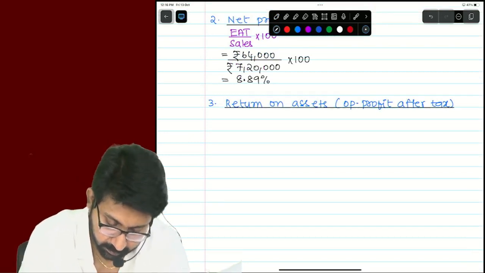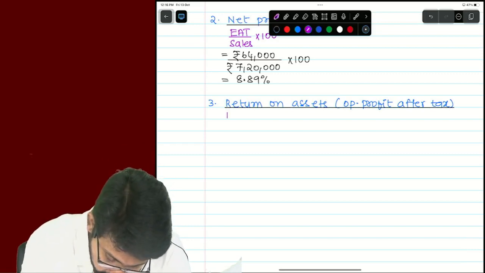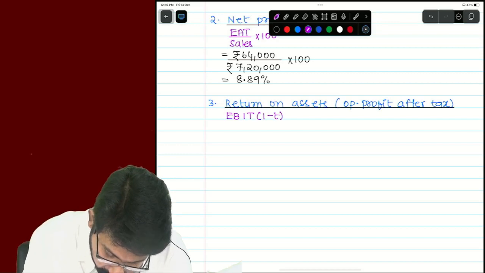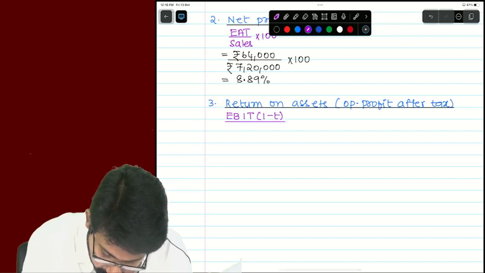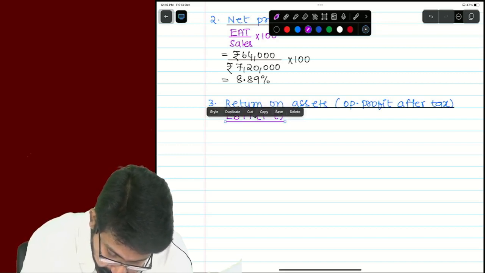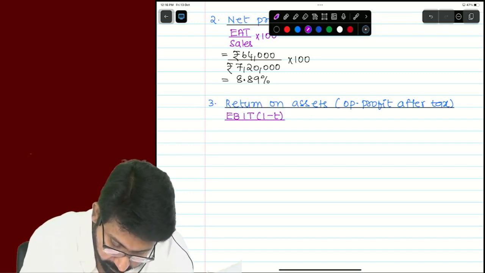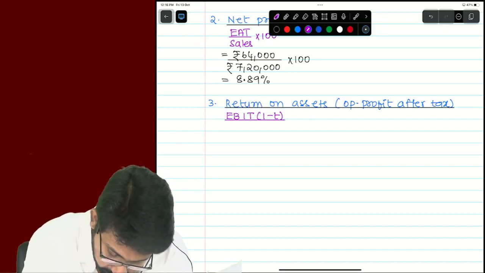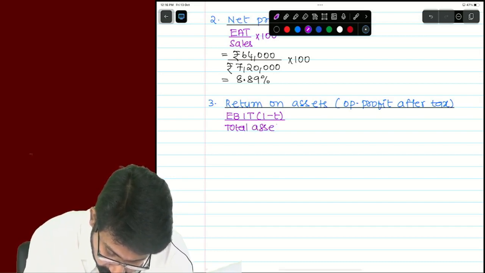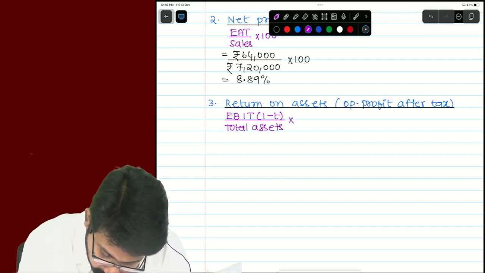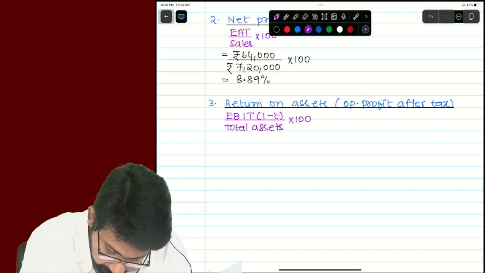So, write down the formula. EBIT into 1 minus T whole divided by total assets into 100.